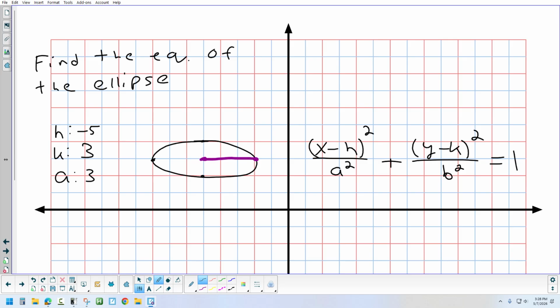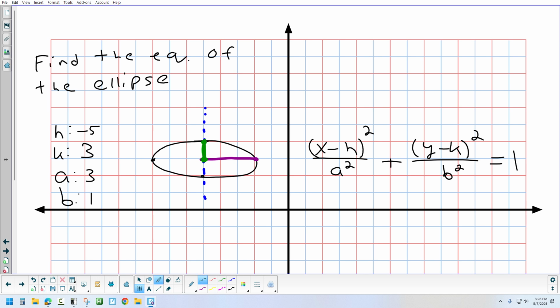And what's the definition of b in an ellipse? From the center to where the minor axis would cross the ellipse. So this is your minor axis. So it's the distance from here to here. That's b. So b is 1.